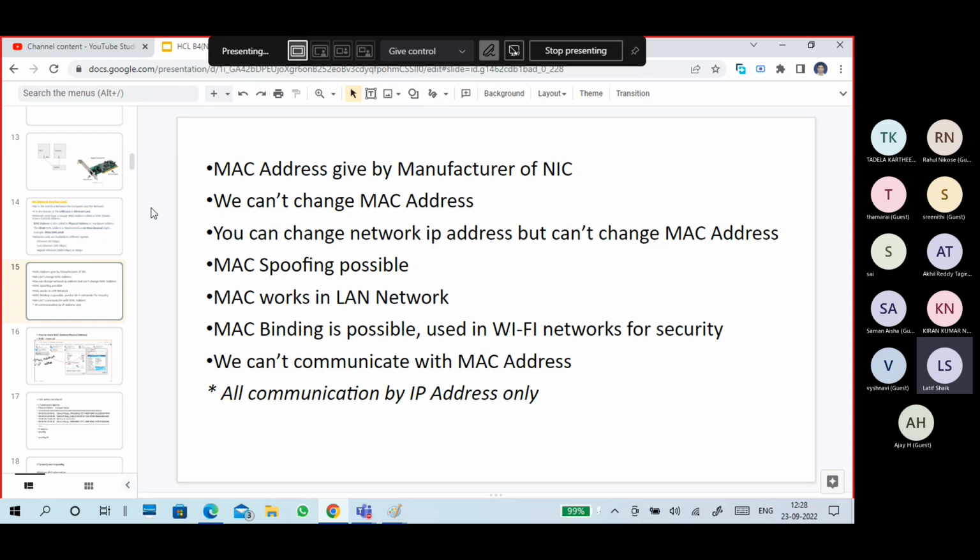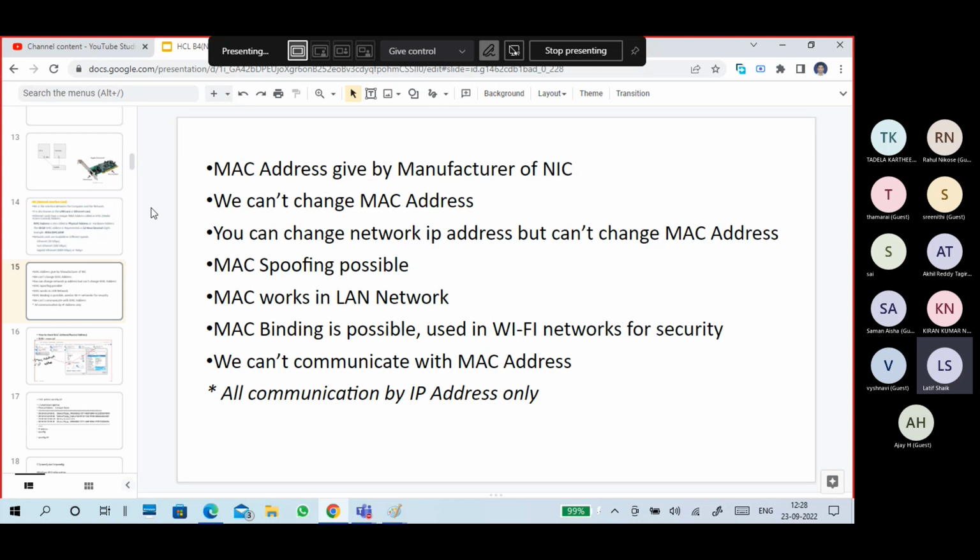IP address can be changed, but MAC address we cannot change. MAC spoofing is possible. We do MAC spoofing for attacking or securing a network. MAC spoofing means duplicating a MAC address. Using some software or scripts, we can duplicate our MAC address.